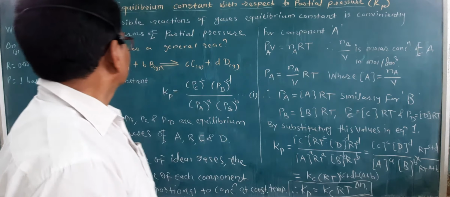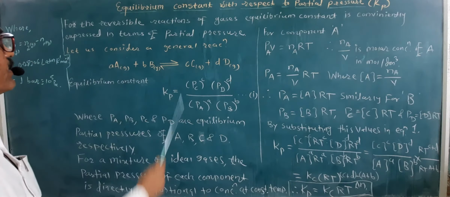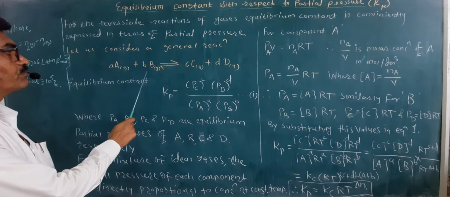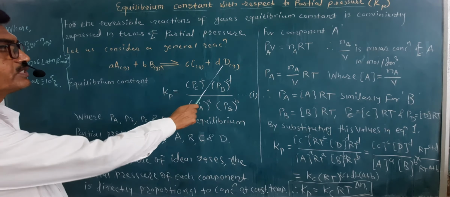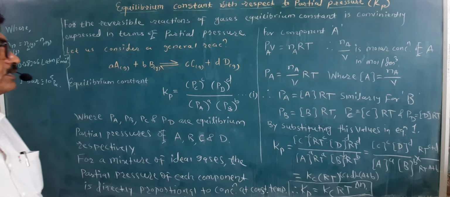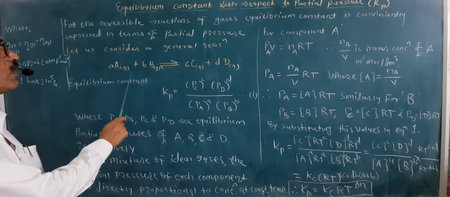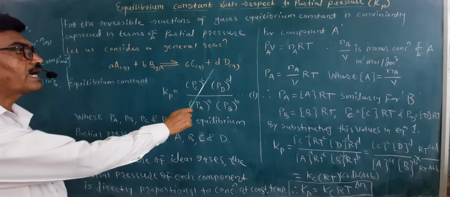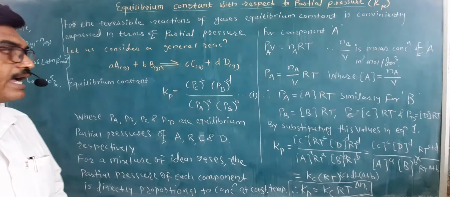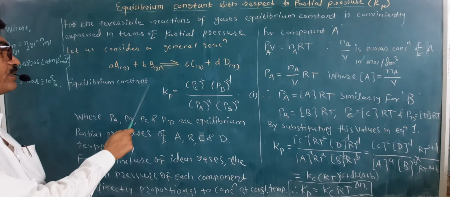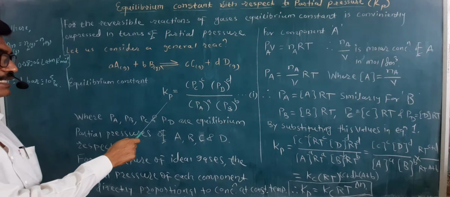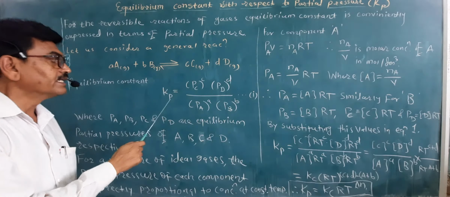So let us consider a general example: aA plus bB gives cC plus dD. For this reaction, all the reactants and products are in the gaseous phase, and that's why, instead of Kc, how we can write the Kp.